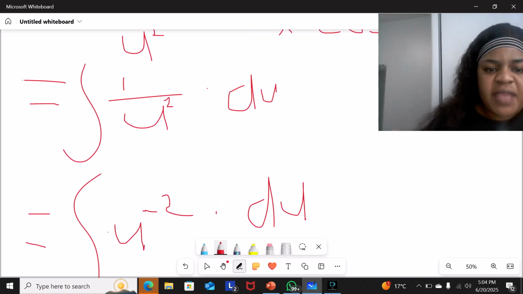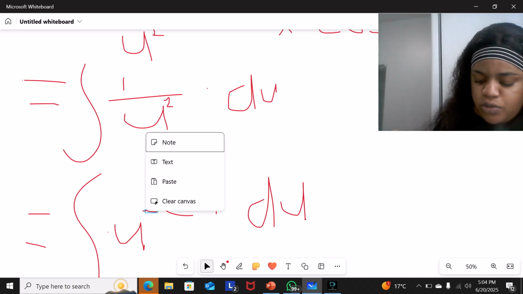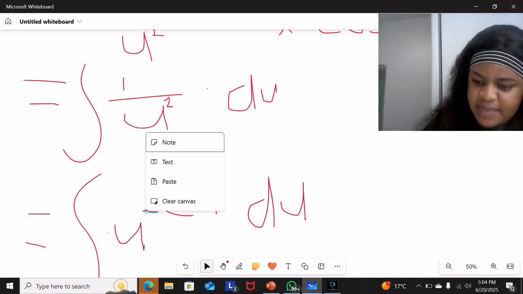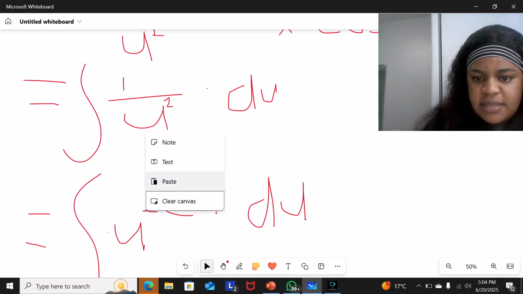If you are solving an equation like this one, we don't want it to be a fraction. Automatically, this one will move to the denominator, and when it goes to the denominator, it changes sign. That's why here it's negative 2. I hope it makes sense.